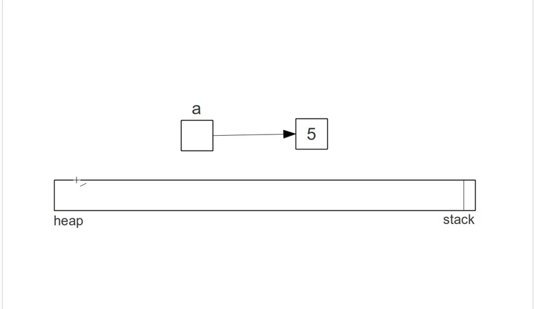So for example, the 5 might be in this chunk of memory. Now, of course, if this were the real memory for a program, a single integer would take a very tiny sliver.